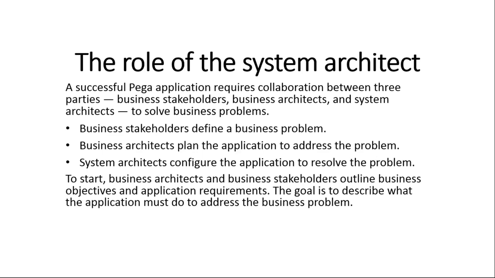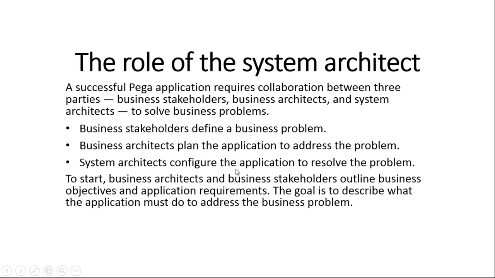And from the employee perspective of the end user, he should be able to access and change the customer details. He should be able to transfer the money on behalf of the end user. All these things come under this. So business stakeholders define a business problem. Business architects plan the application to address the problem.